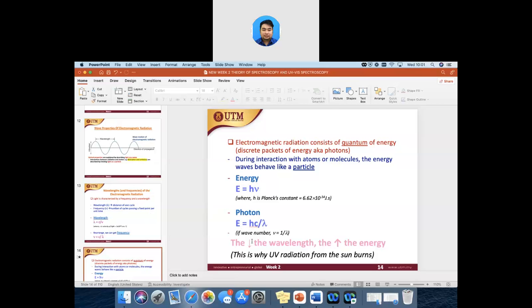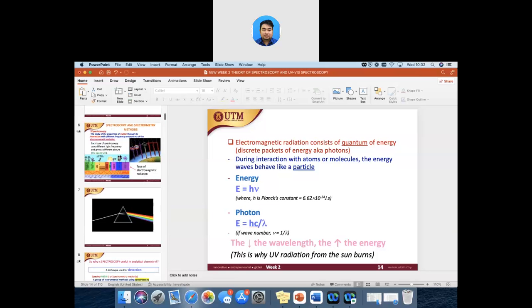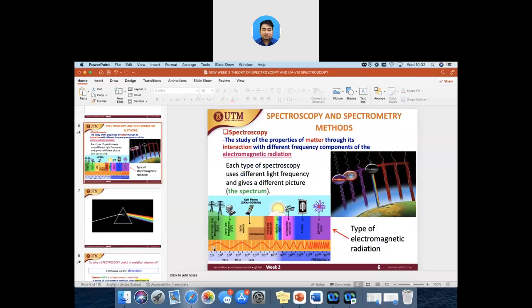So, based on this formula, the lower the wavelength, the higher the energy. This is why, if you look at the chart here, the lower the wavelength, the higher the energy.